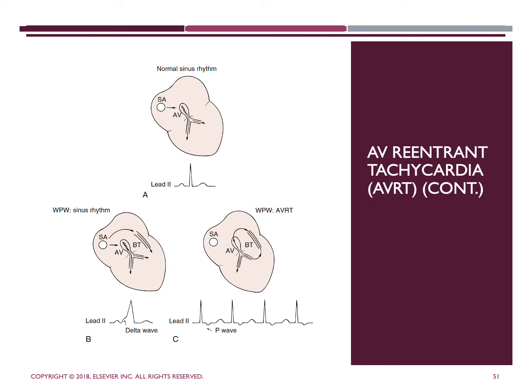Wolff-Parkinson-White or WPW pattern, what we're going to see is an abnormal accessory conduction pathway called a bypass tract, or BT. What this does is it connects the atria and ventricles.